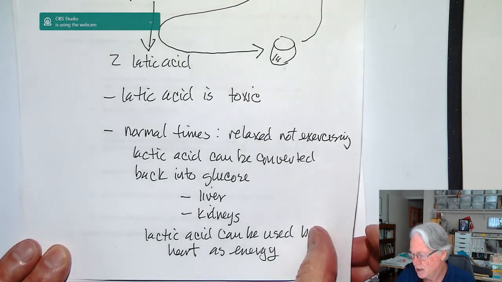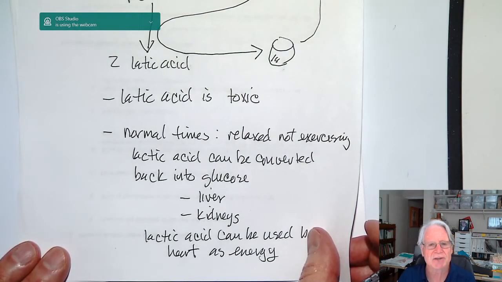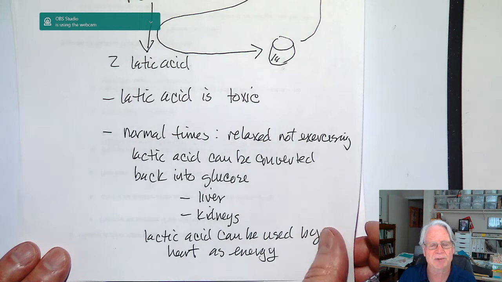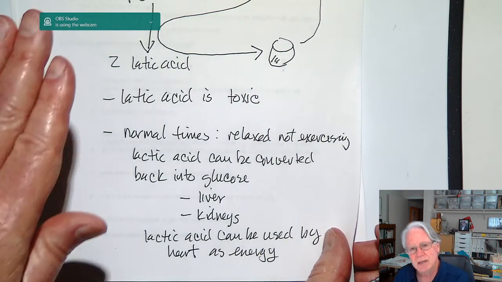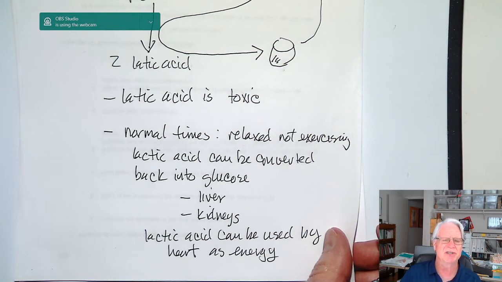Okay? But to do that, you need oxygen. You need to start fully metabolizing, breaking down glucose using oxygen and mitochondria to produce ATP. And that you'll have to wait until the respiratory system and the cardiovascular system catches up with demand. So now the question is, how much energy does the system deliver?